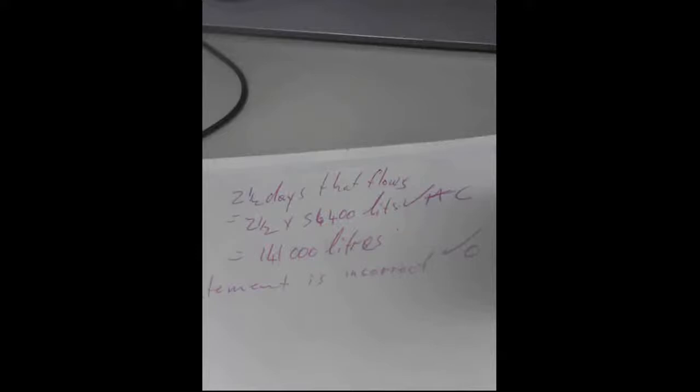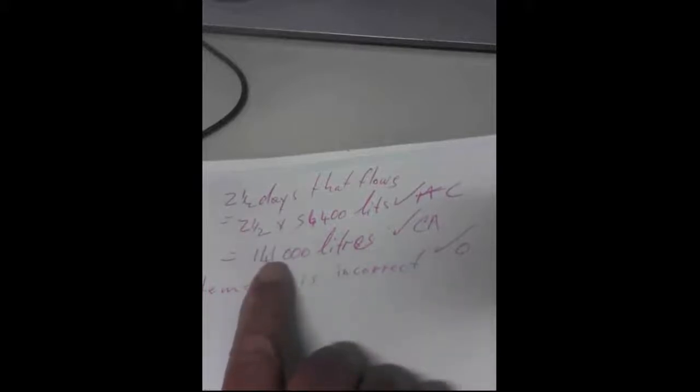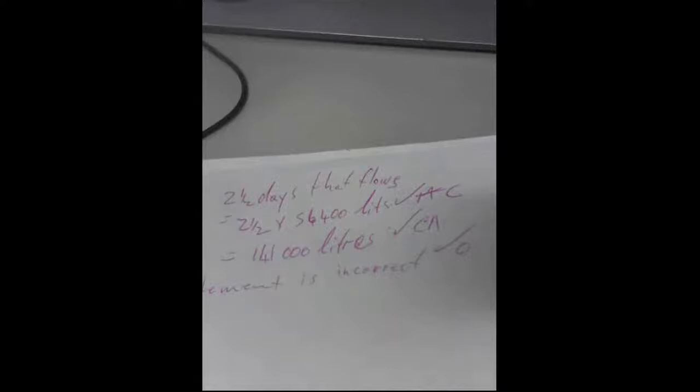Yes: method, conversion, then again a method, and then for that answer, a CA answer. Sometimes they mark this: if your answer ended with less than 135,000, and the opinion is correct, they will say it's a CA there for your opinion also.